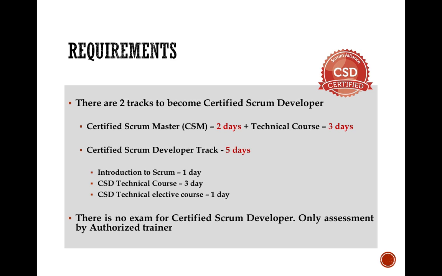The technical elective course is usually a deeper dive into any area where the organization wants to focus more, like DevOps, acceptance test driven development, behavior driven development, maybe agile estimation and planning. So something like that. You can always decide which course you would like to go with. There is no exam for CSD, but there is an assessment that has to be done by the trainer.